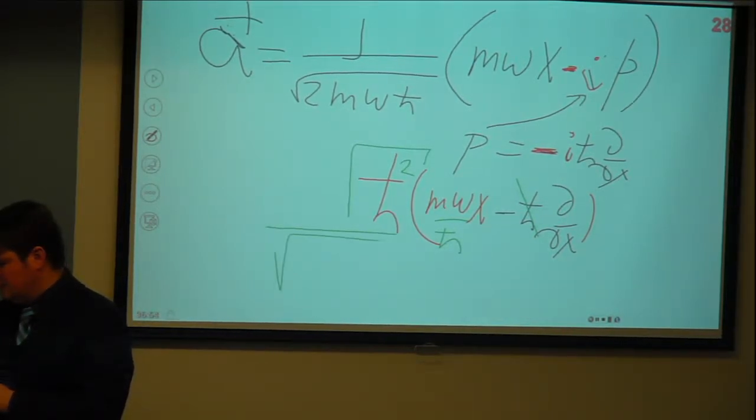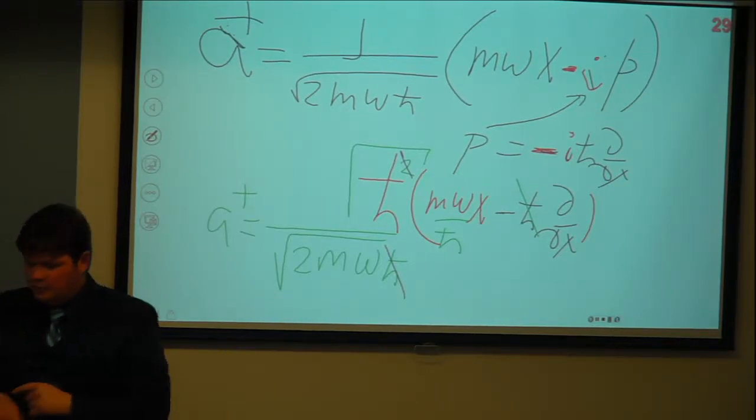By square root 2 and omega h bar. So we can cancel the second power in the denominator and the first power in the denominator.